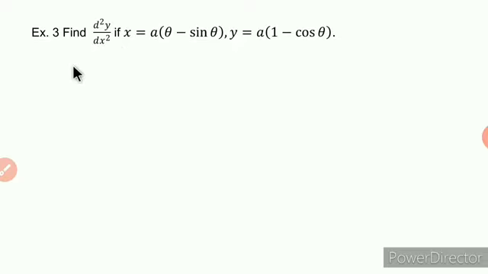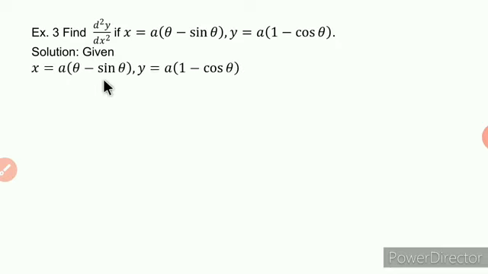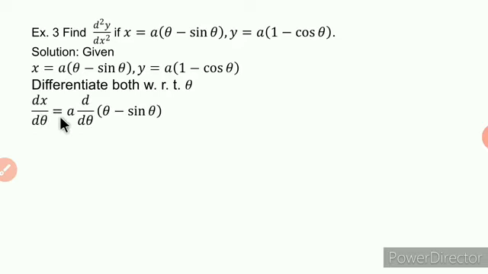So in the solution, given x is equal to a into theta minus sin theta, y is equal to a into 1 minus cos theta. First of all, we differentiate both x and y with respect to theta. We get dx upon d theta is equal to a multiplied by d by d theta of theta minus sin theta.